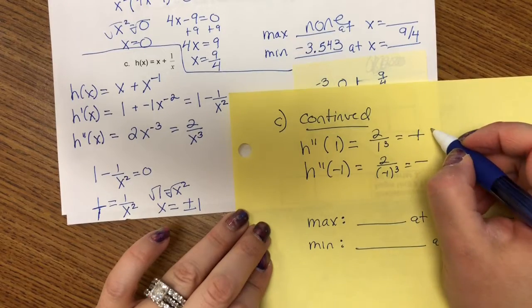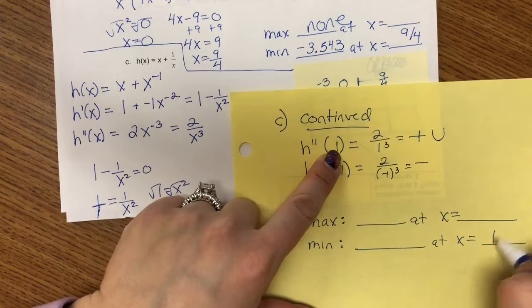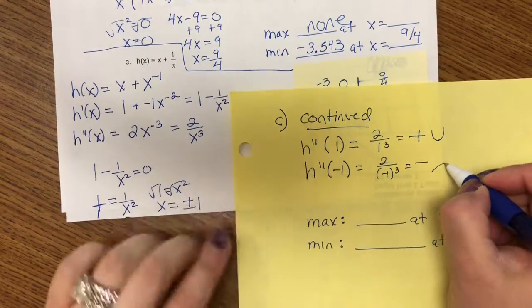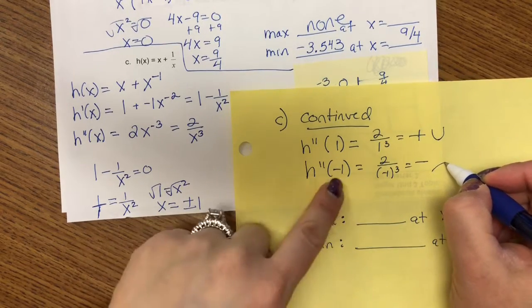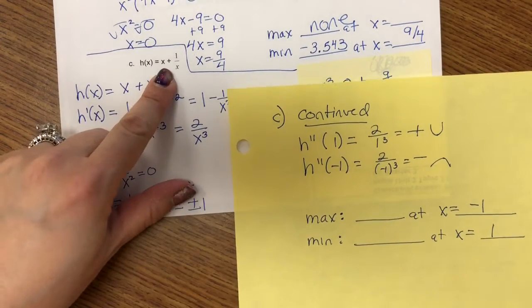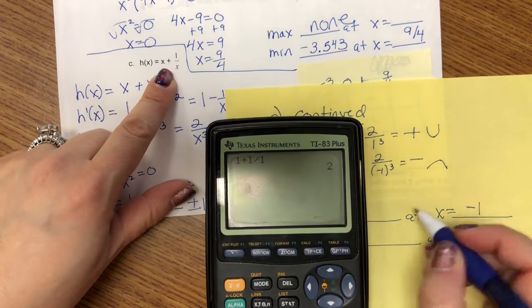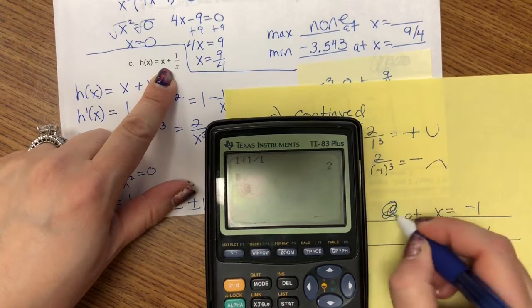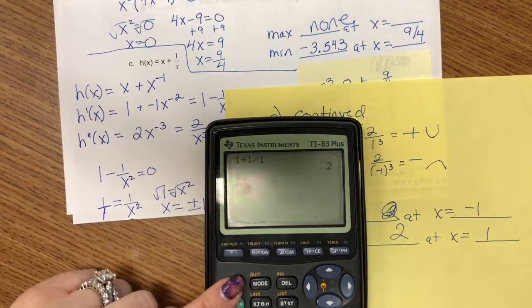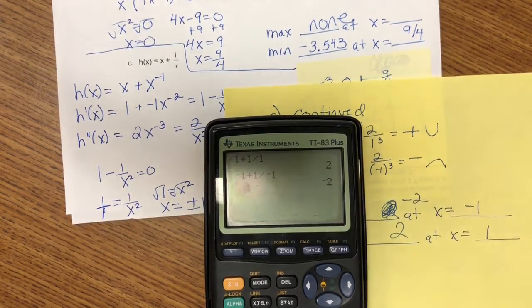So positive means concave up, so minimum at 1. Negative means concave down, so maximum at negative 1. We're going to put these values back into the very, very original. That's 2. Oh, whoops, wrong spot. Negative 2. Oh, I could have left that.